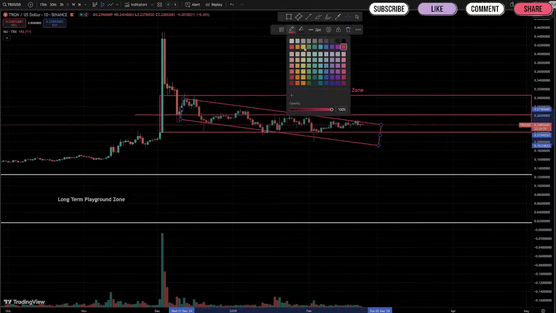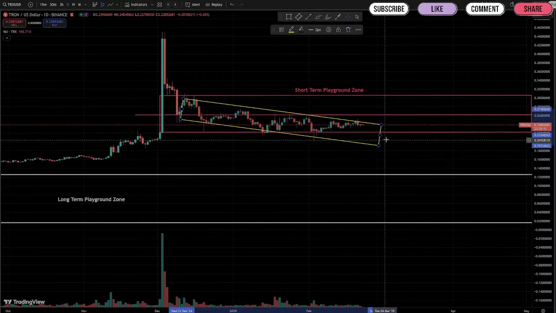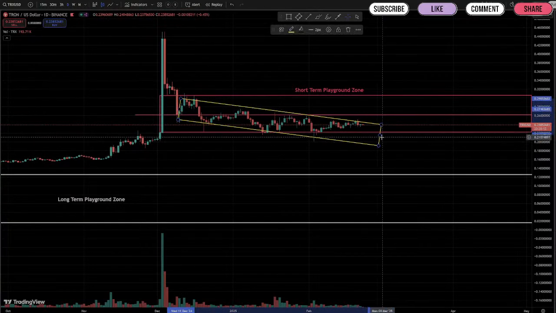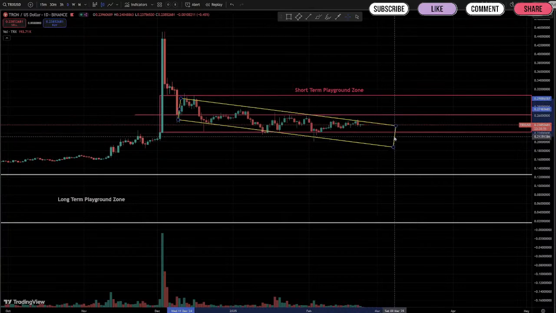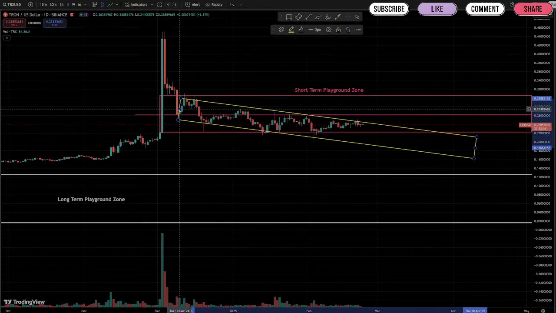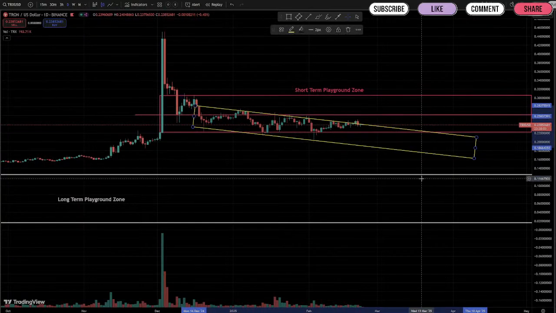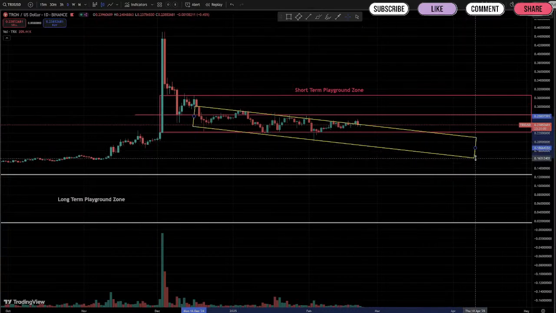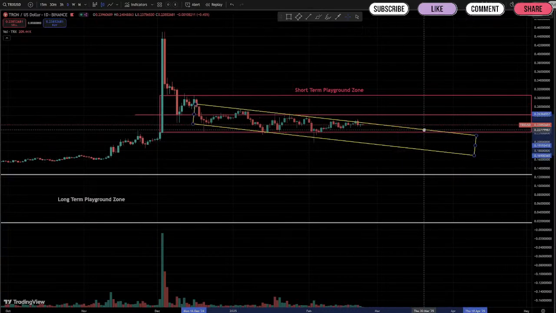So if I change this to yellow, basically what we have is this. Actually, let me put it here, it's flatter than it should be, and then shrink it a little so it's tighter.